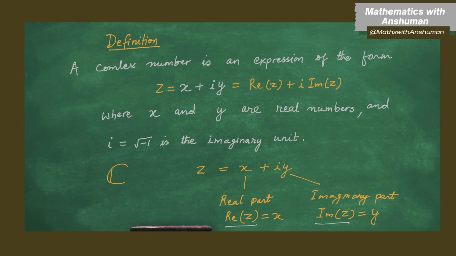Also keep in mind that imaginary part of z is not iy. It is just y. So the real part of z is x and imaginary part of z is y.